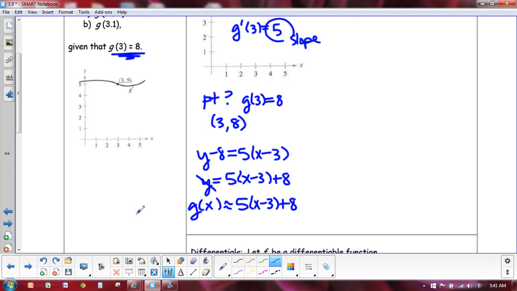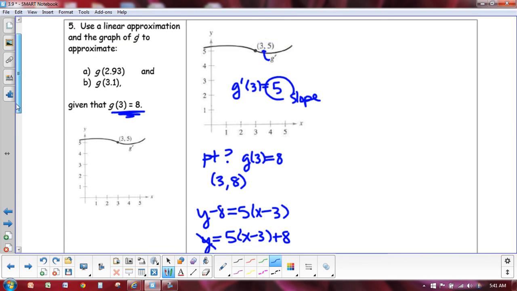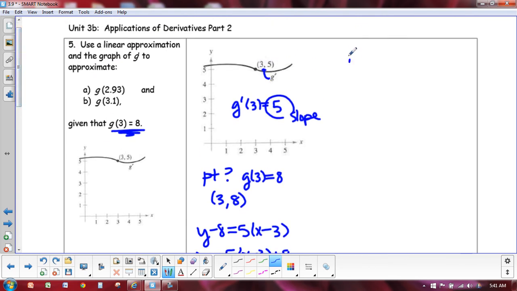And the reason those parentheses are nice rather than distributing, you're always plugging in something close to your point, so it's always going to be close to the 3, or close to whatever x value you plugged in. So when I clean that up, I would have 5 times negative 0.07 plus 8, so negative 0.35.